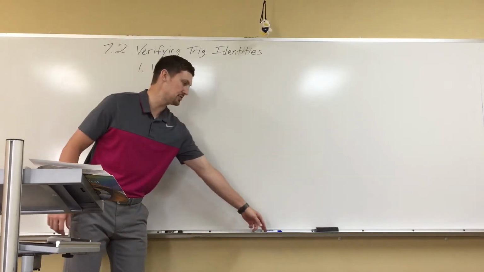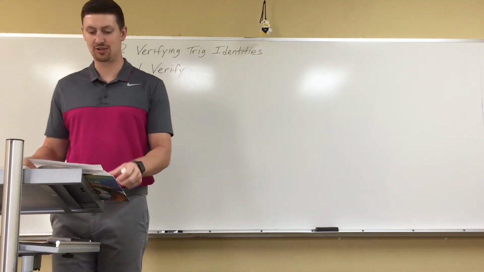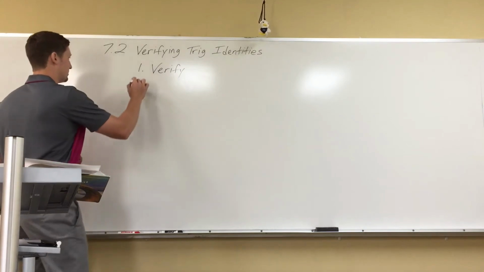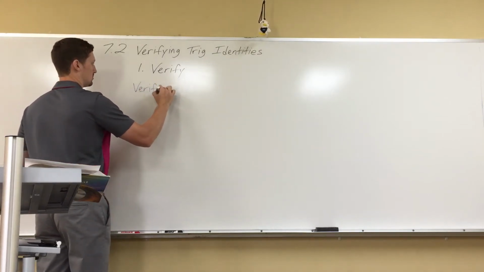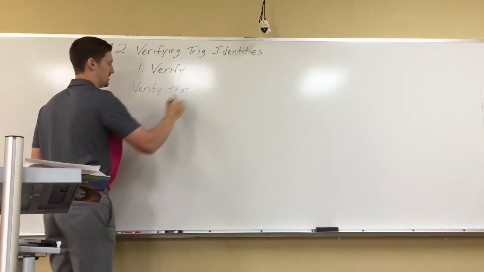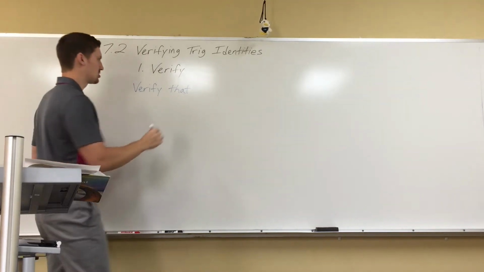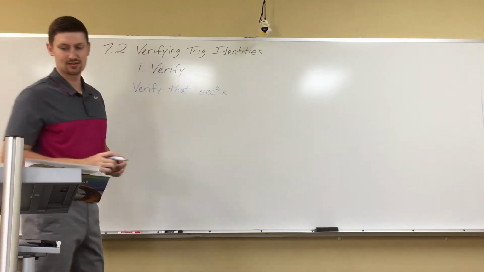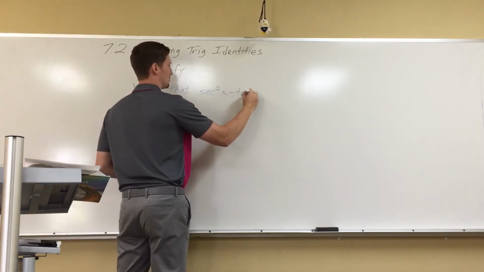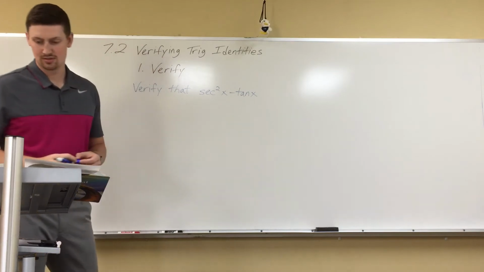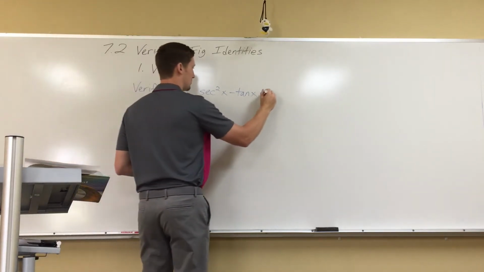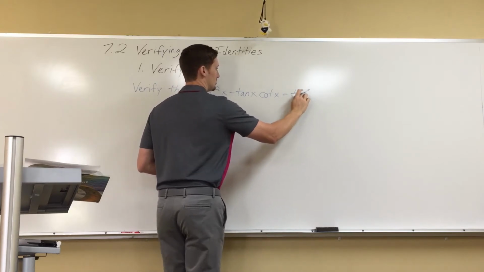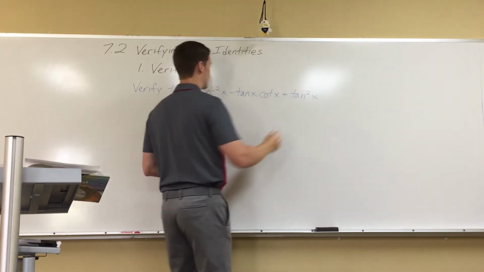All right, let's look at a couple examples here under point number 1. Again, hopefully you have that definition down, transforming trig identities. Here's the first thing we want to do, verify that secant squared x minus tangent x times cotangent of x equals tangent squared of x.